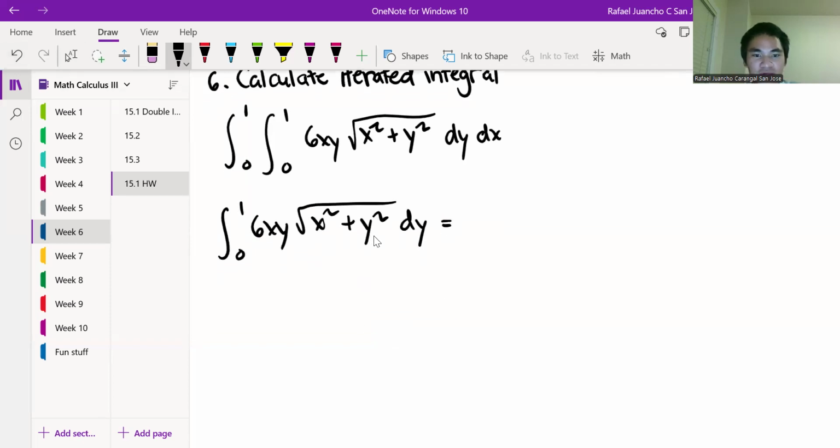Okay, so here, oh boy. Okay. This is an integration by parts? So I have this 6x that I can completely take out. I guess that's one step of doing it. But then I have this x squared y squared.